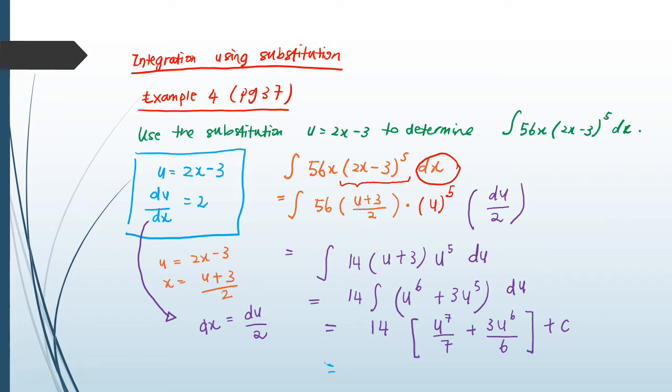Let's do a little bit of simplification before we change u terms back into x terms. This should be (2x minus 3) to the power of 7 plus 7(2x minus 3) to the power of 6, plus c.